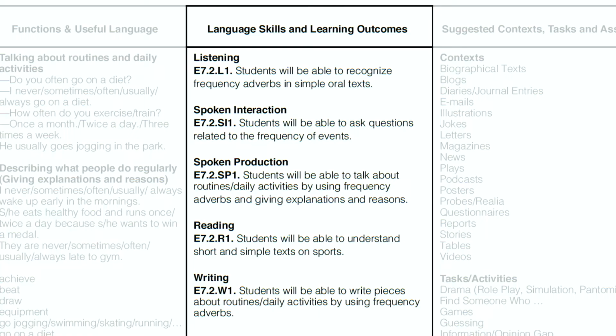In the second column, you see the skills and learning outcomes which help coursebook writers, authors, to design their units, design their activities and tasks, and for testers and examiners to prepare exam questions for this grade.